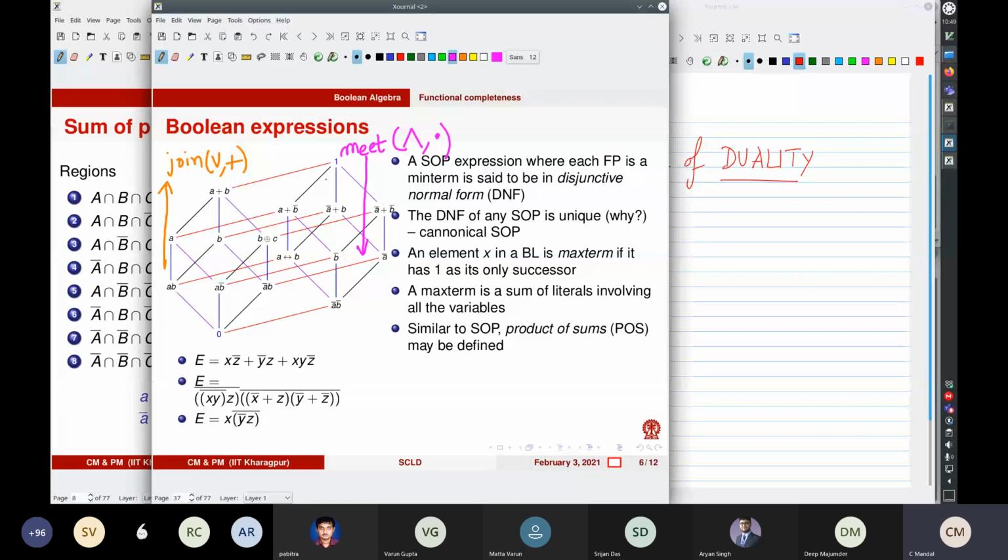The reason for that, as you can see, is just the symmetry of the lattice. Just as you can go from bottom to top using the join operation, you can do exactly the same thing from top to bottom using the meet operation. That is the geometric, basic underlying reason behind the principle of duality.